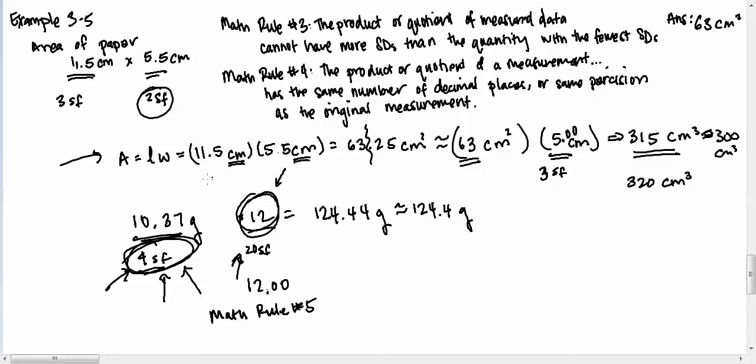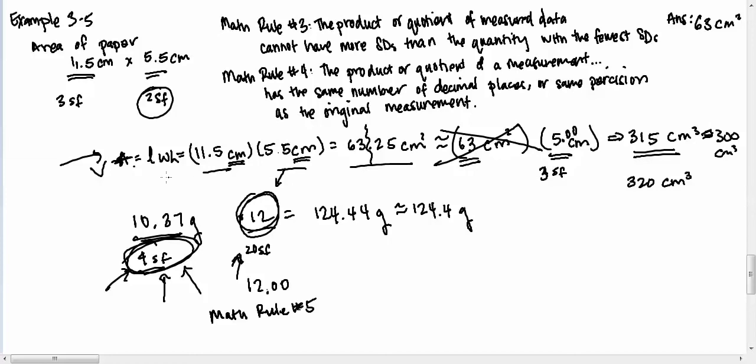You see this step right here where, let's say instead of finding the area, we wanted to find the volume. So we have volume is equal to length times width times height. What we did was multiply the length times width and get the area, and after that multiply it by height. What I would do is not round off this 63.25 over here and make it 63.